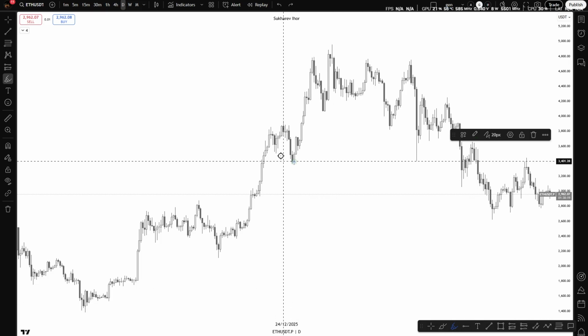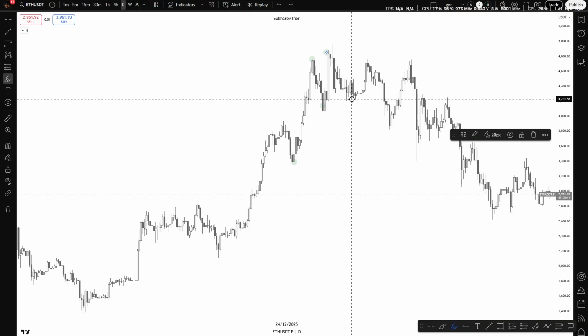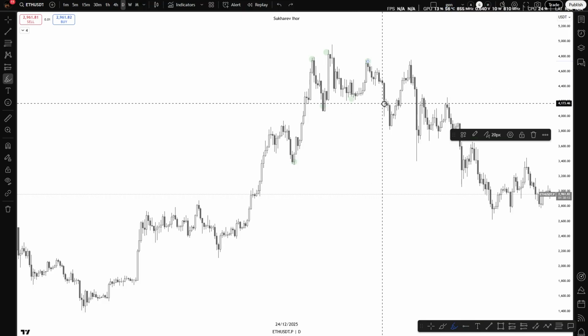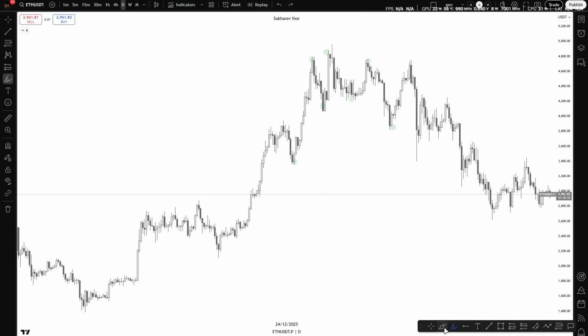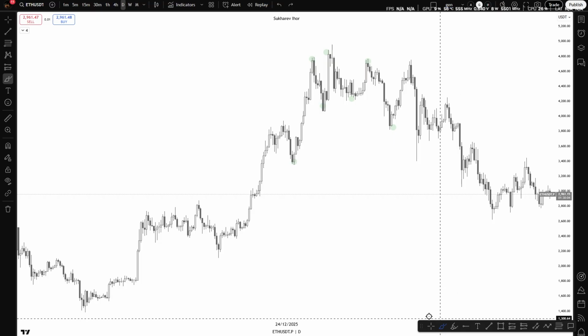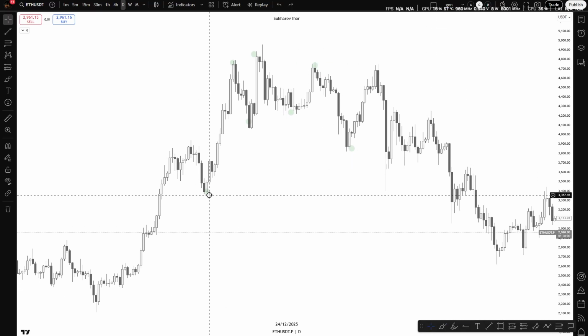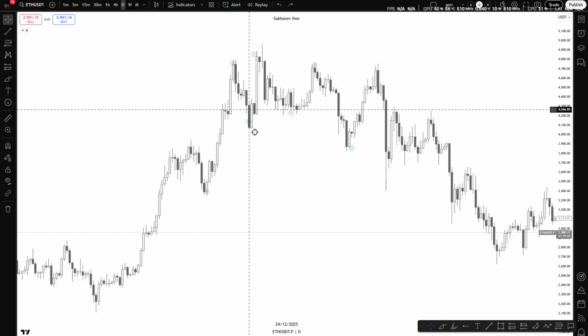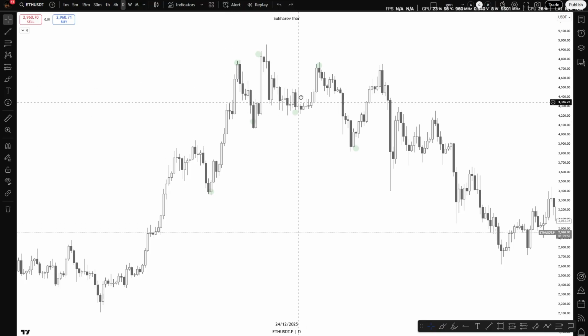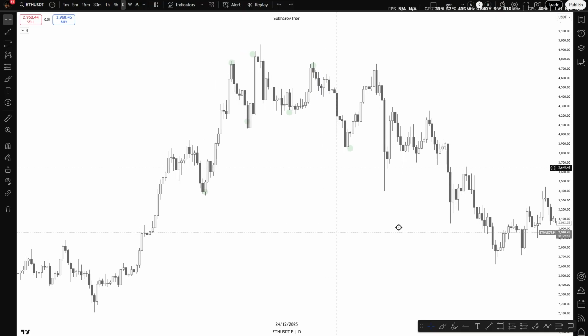Let's wait. Oh yeah, okay, it's marking it down. Okay, so look, here's a great example. If we look right here, we can see that at some point it's going higher low, higher high, higher low, higher high, higher low, higher high, and boom, it fails.